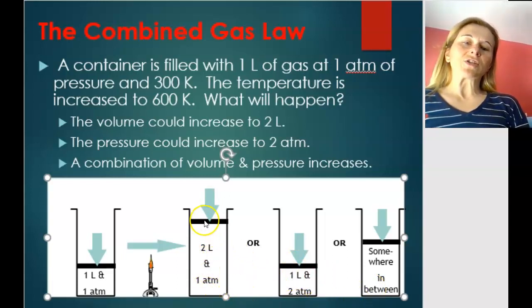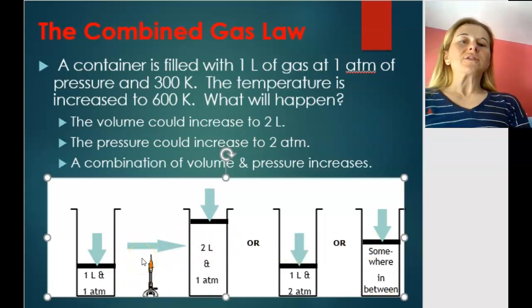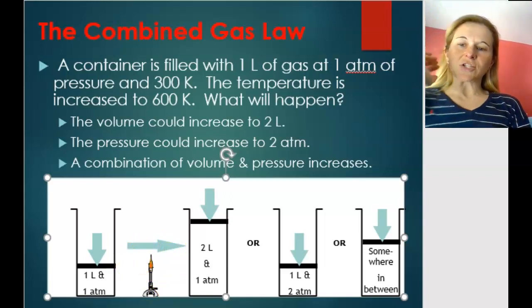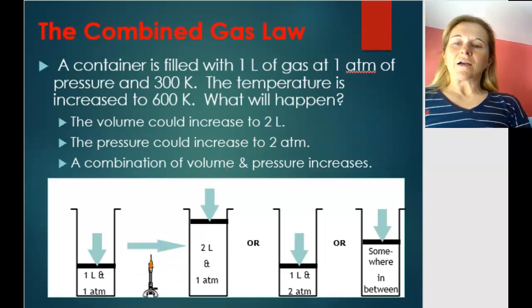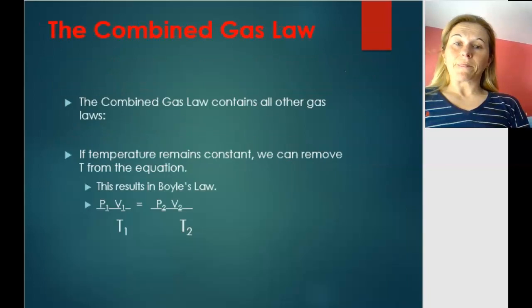So here we show just the volume changing. Here we show just the pressure changing. And here if we let volume and pressure change, then they're both going to change a little bit. And this is all in response to the increase in temperature, giving those gas molecules more energy and therefore having more collisions on the walls of the container.